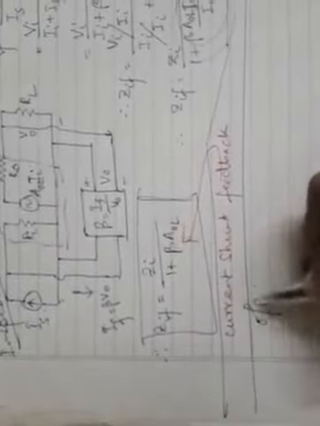So now the effect on output impedance of the negative feedback, considering the voltage series feedback. Now the output impedance for the different topologies depends on whether voltage or current feedback is used.